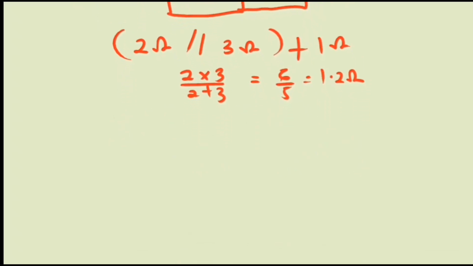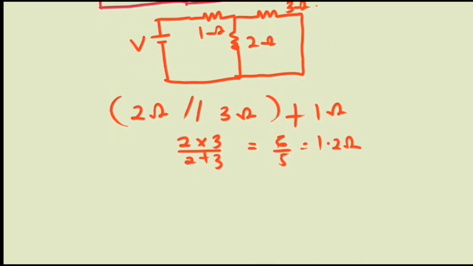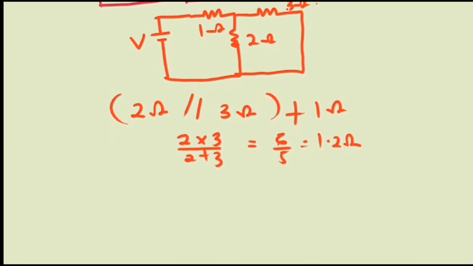So once we have this, we have simplified that part, and you realize that we've simplified these two parts, so meaning this node will be out and we'll be left with this and this. So if I'm to redraw this circuit, I'm going to have my 1 ohm back again.